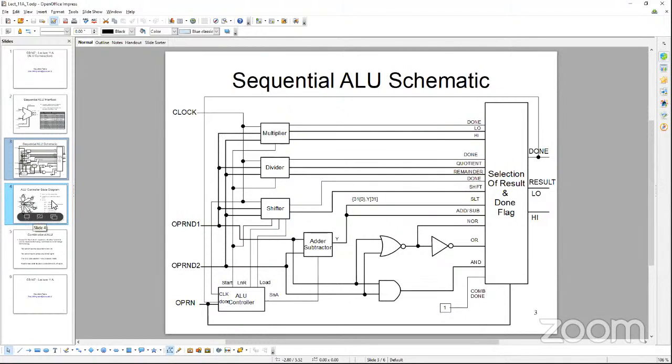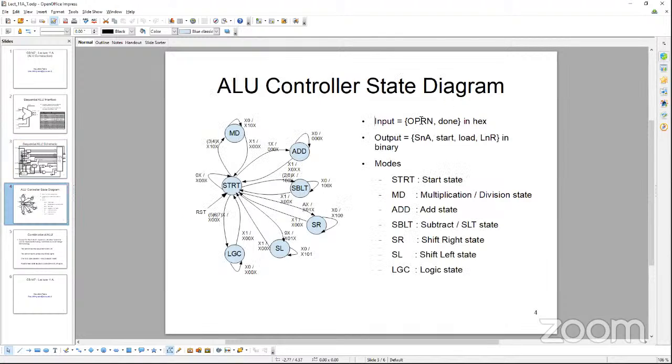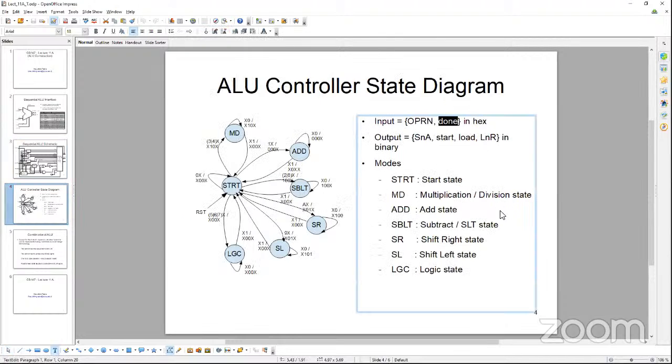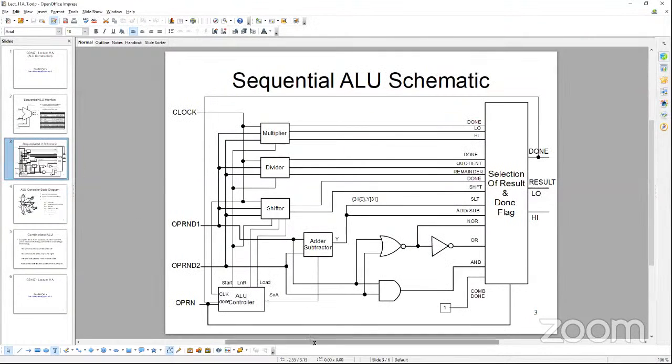It's basically to synchronize the state between this ALU and the rest of the sequential elements like the multiplier, divider, and shifter. So these are the two inputs, my operation code and the done signal itself. And the outputs are my shift, not and. Okay, outputs are what?